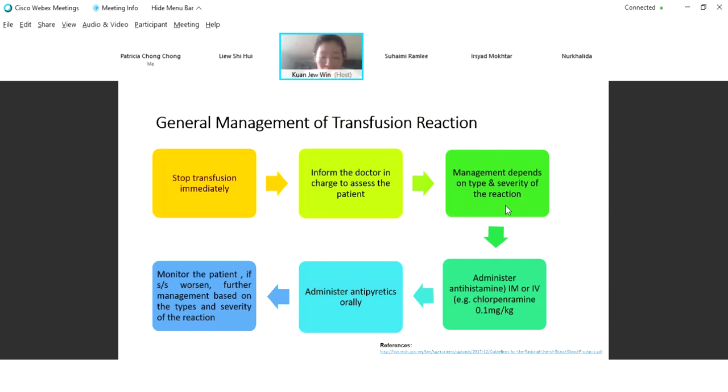Okay, but usually we will have a secure cannula before you remove the cannula that was used for the transfusion. Okay, so you try to suck up the blood using an empty syringe. So just one extra point for the acute hemolytic transfusion reaction.